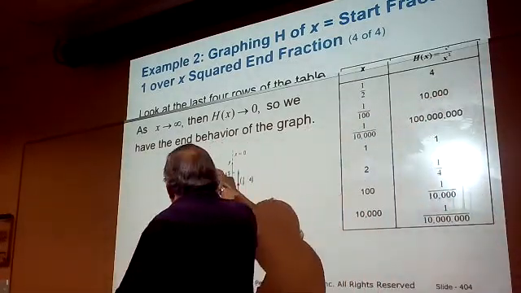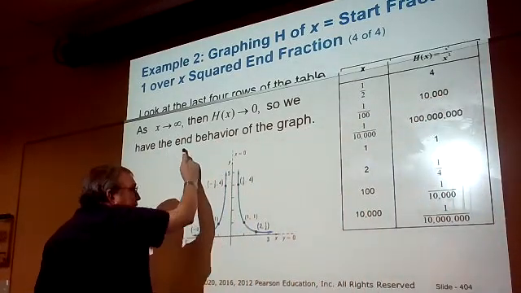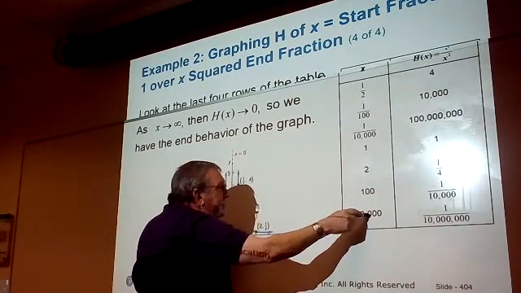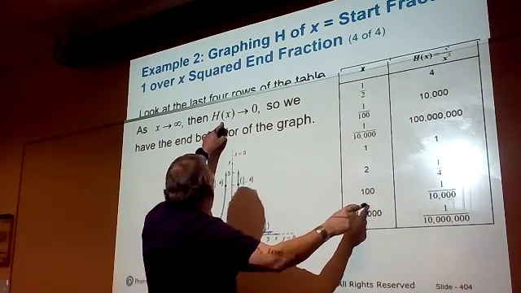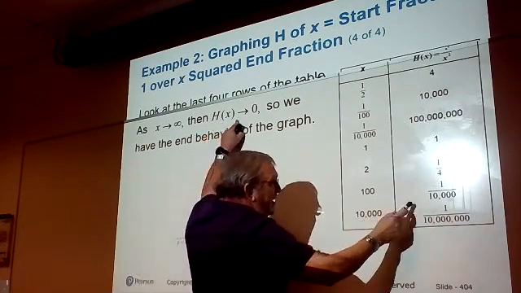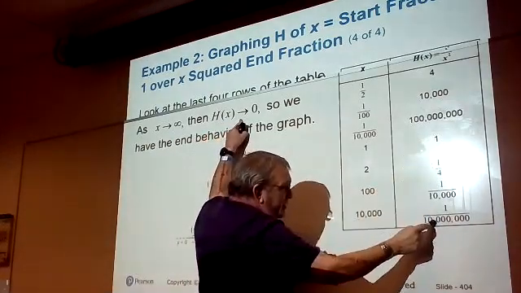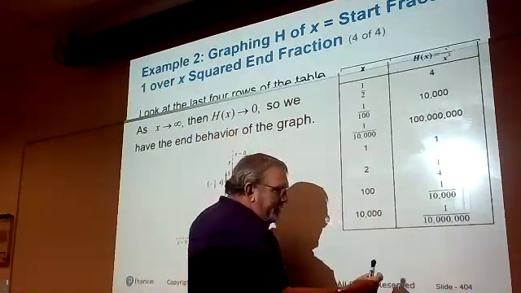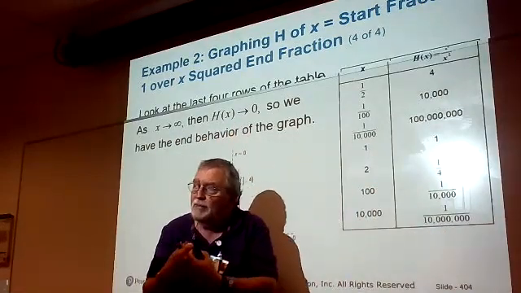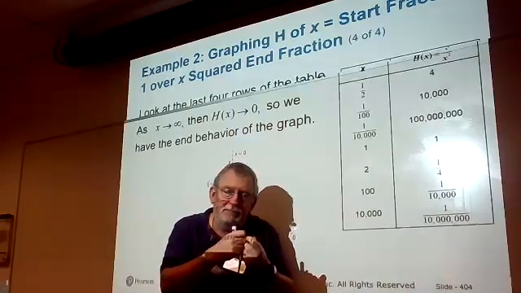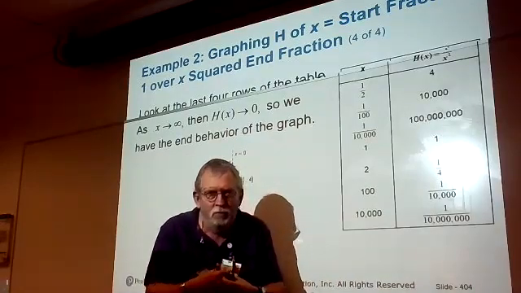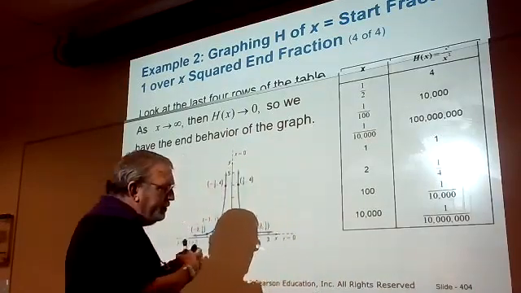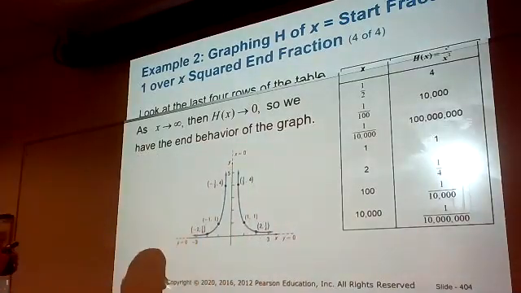So as x approaches infinity, the h of x, the function itself, is approaching 0 because these are smaller and smaller fractions. They get so small, in fact, that you can't tell the difference between that number and 0. You'd need a microscope to see the difference.